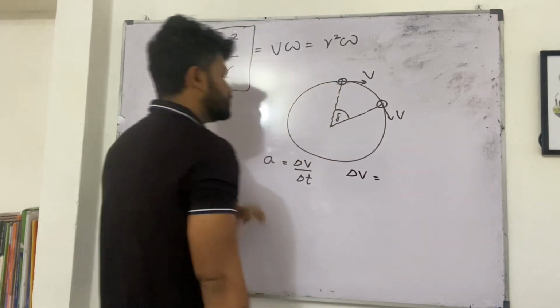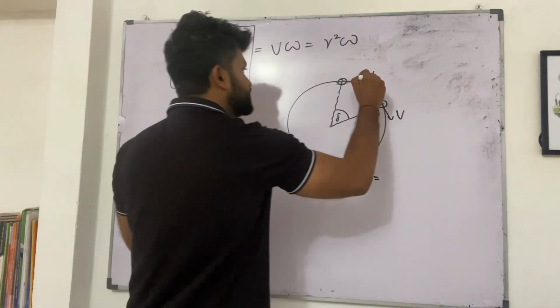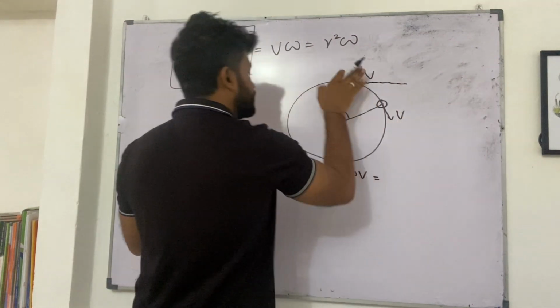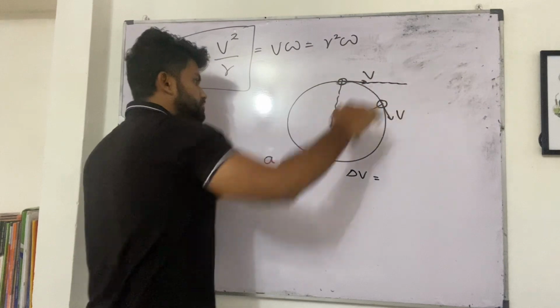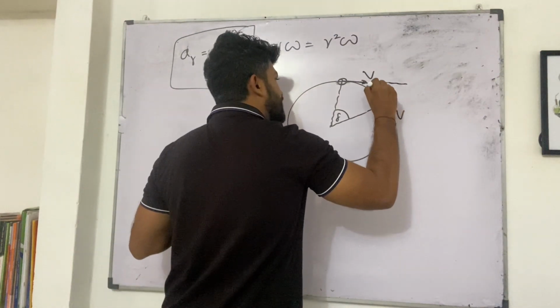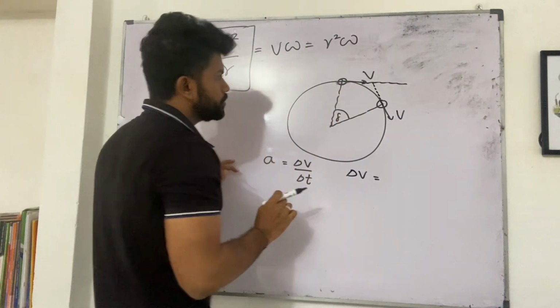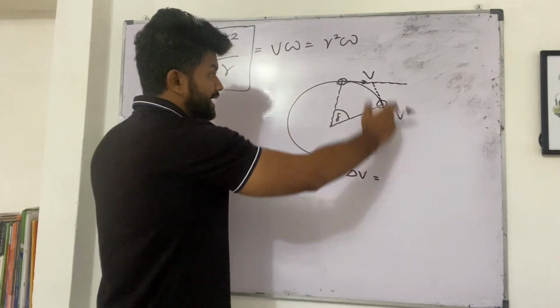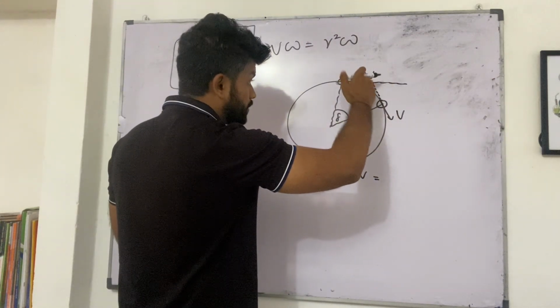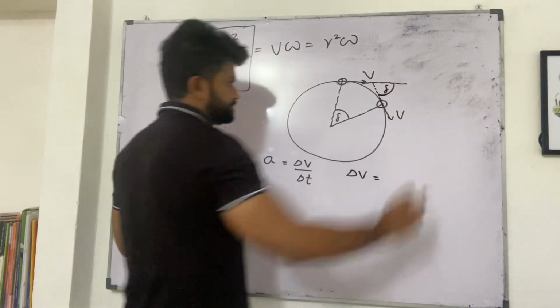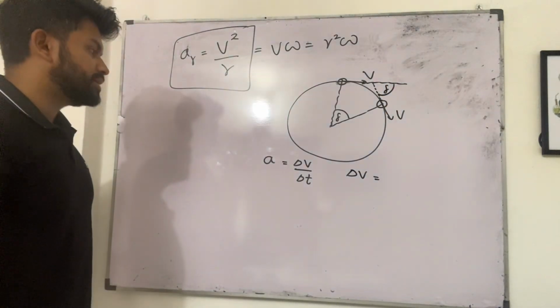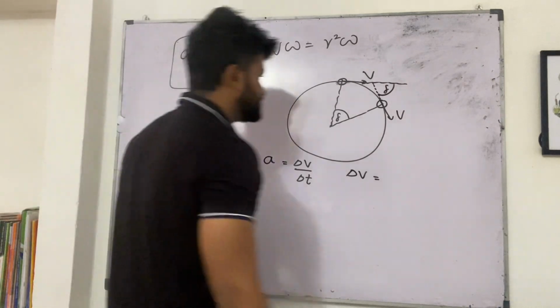Now, delta v. Take this one as a horizontal velocity component. What is the angle between these two velocity components? This is delta theta and this is 180 minus delta theta, so this angle must again be delta theta.